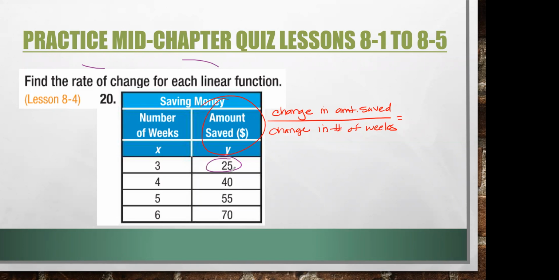So I want the change, so I'm going to put 40 minus 25, and then for my x values, I'm going to put 4 minus 3. So 40 minus 25 gives me 15, and 4 minus 3 is 1. So that means there's a change of $15 per week, and this is an increase.